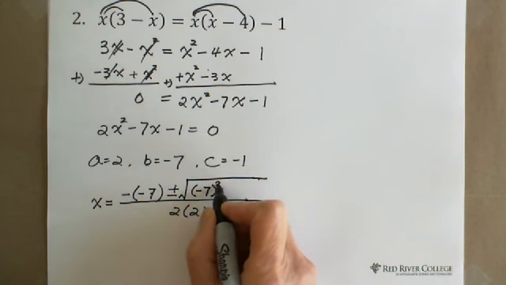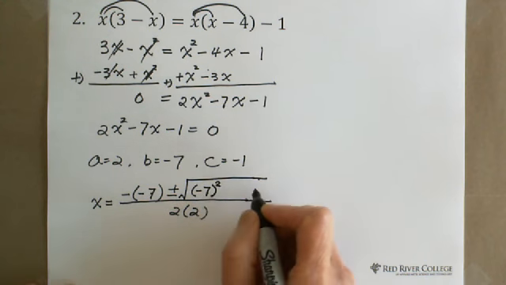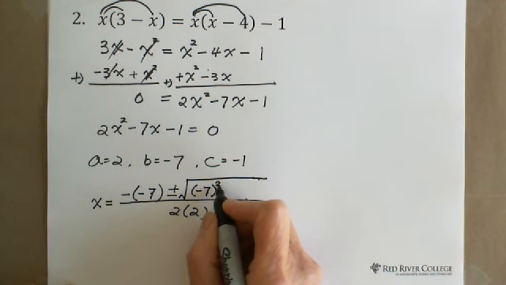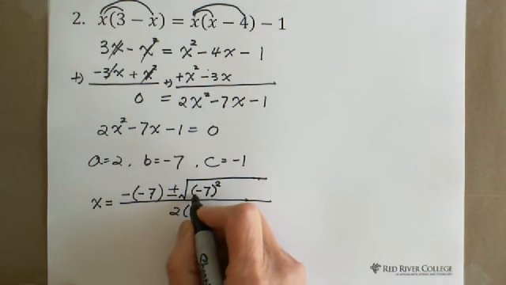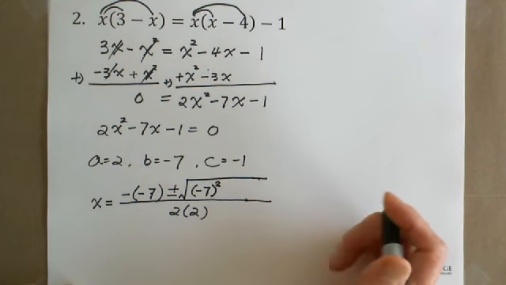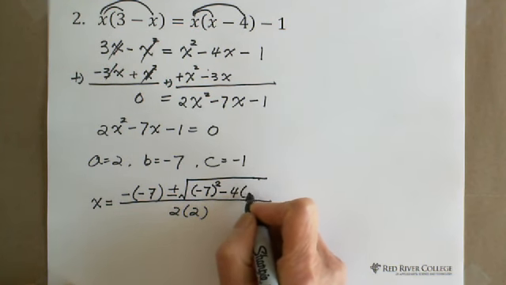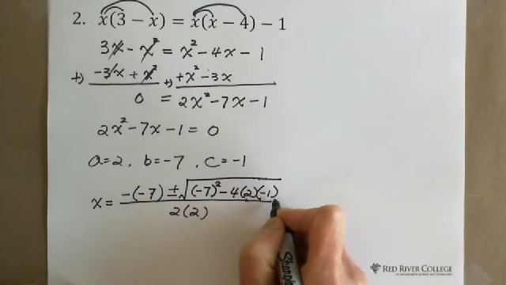And then after squaring, this becomes positive. If you don't write it this way, and just write negative 7 squared without the bracket, even with the calculator the square is only for 7 and not for the negative. Then you get negative 49. That's wrong. Okay? Minus 4 times a, which is 2, times c, which is negative 1.